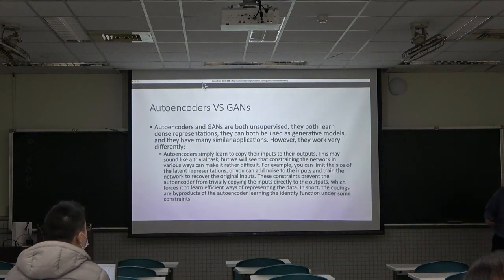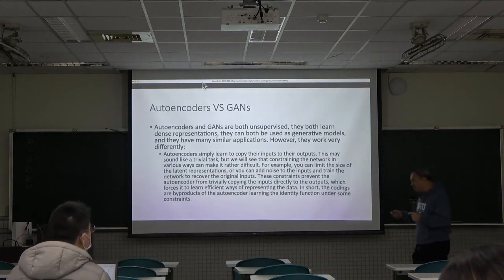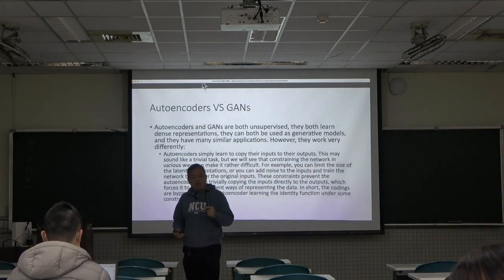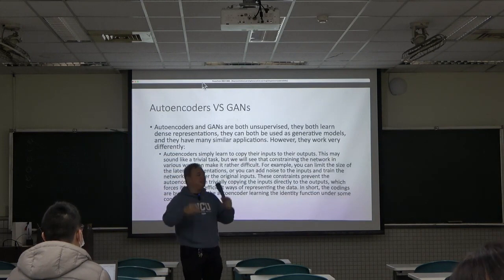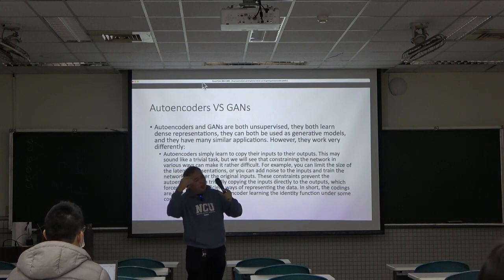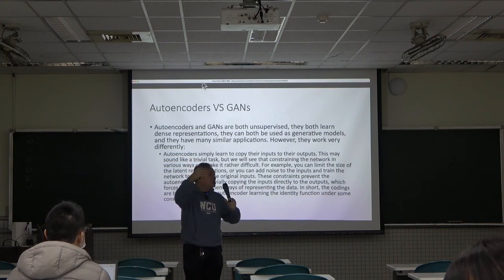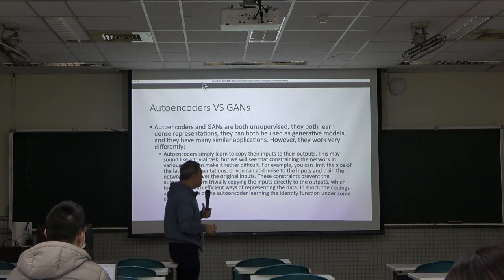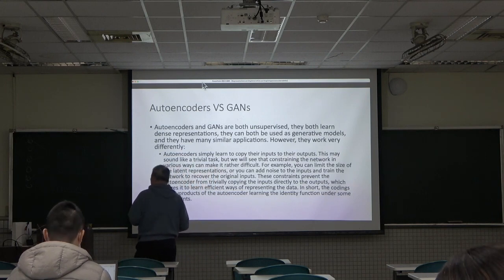I will explain in more detail. Basically, an autoencoder has an encoder and a decoder. The encoder converts the input to coding, and the decoder converts the coding back to something as close to the input as possible. So the purpose of an autoencoder is to copy input to the output.